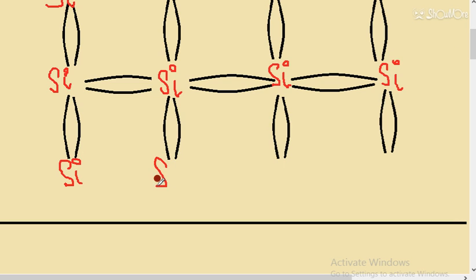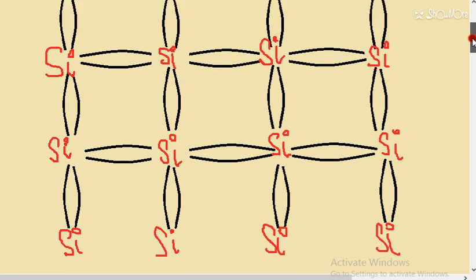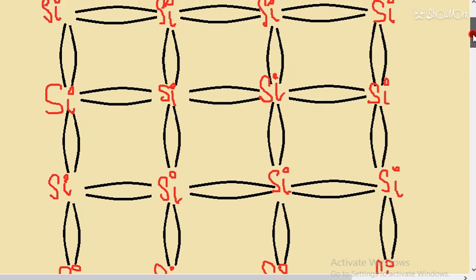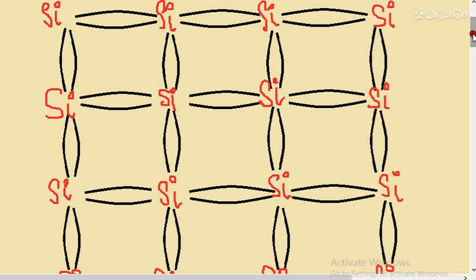I will explain it. What you have to understand here is how the conductivity of an intrinsic semiconductor varies from extrinsic. So this is the diagram of intrinsic semiconductor.